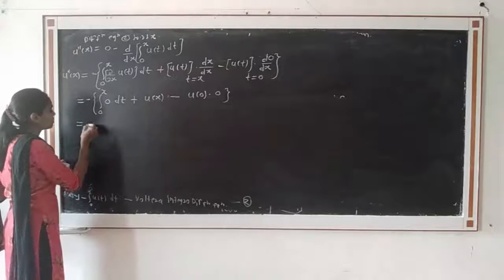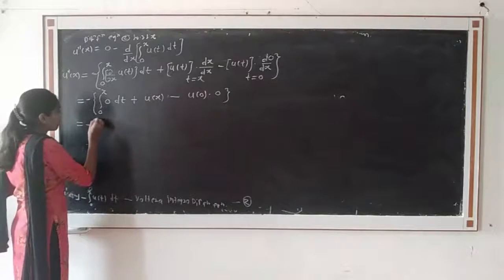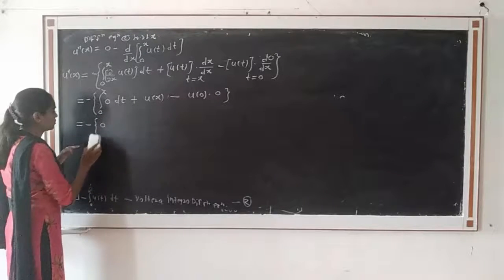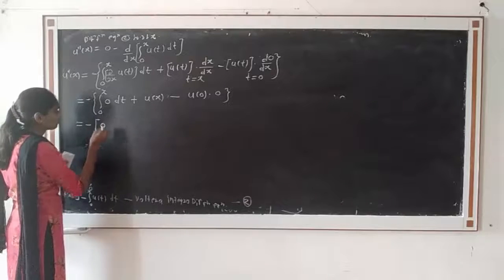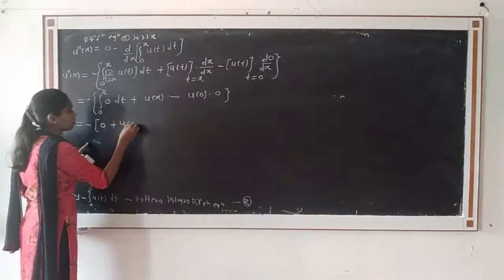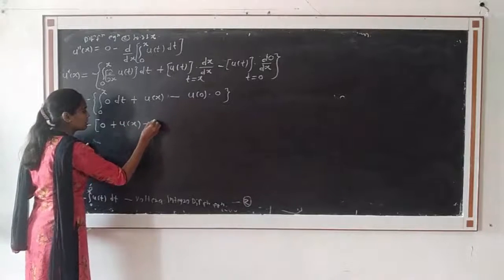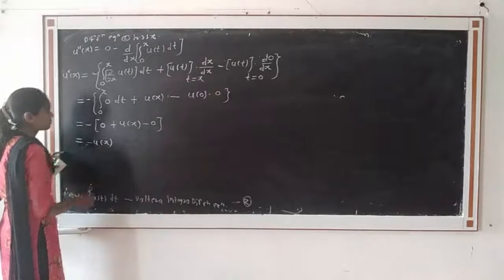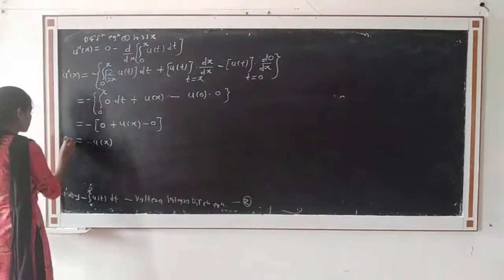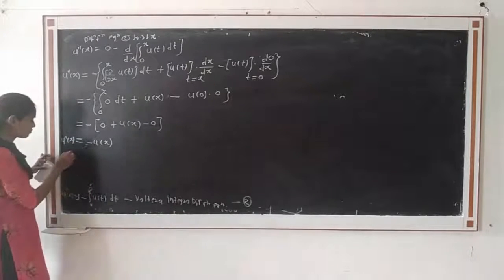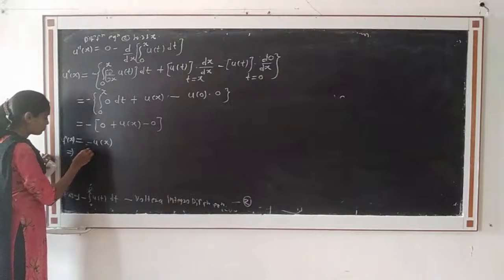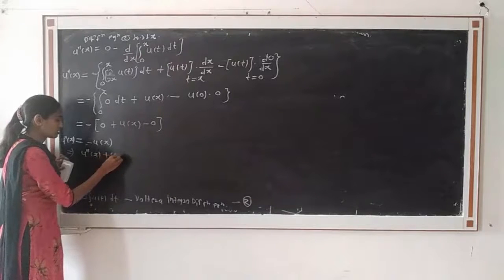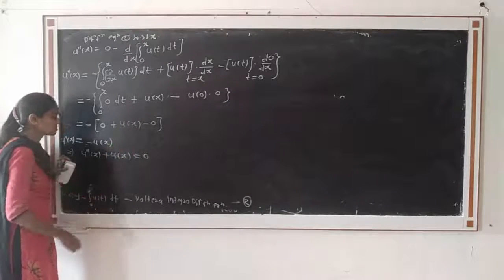That is equal to minus, this integration is 0, here we use a square bracket, 0 plus u of x, minus u of 0 into 0 is 0, which is equal to minus u of x. That is u double dash of x is equal to minus u of x, or we can write it as u double dash of x plus u of x is equal to 0.